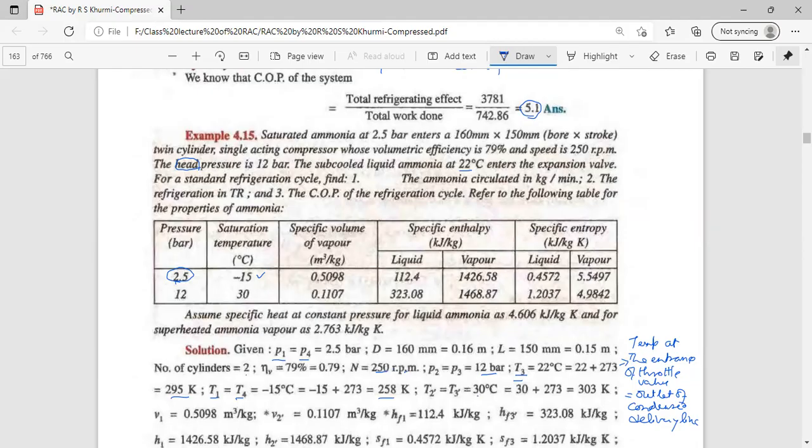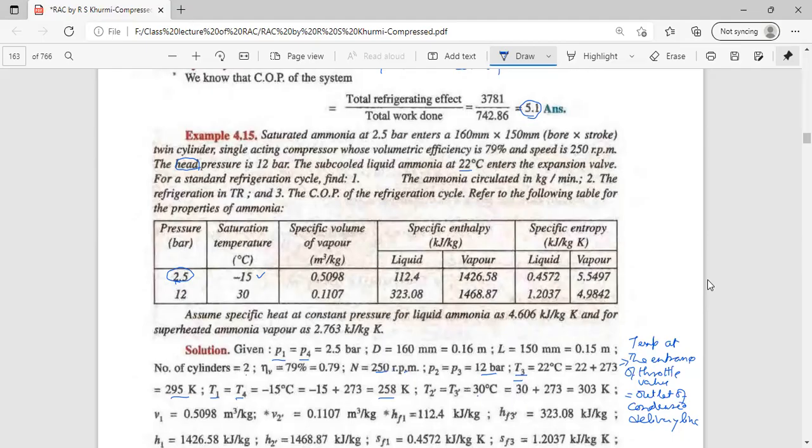Now V1 is equal to 0.5098 cubic meter per kg itself, the volume, and V2 dash is 0.117 cubic meter per kg.